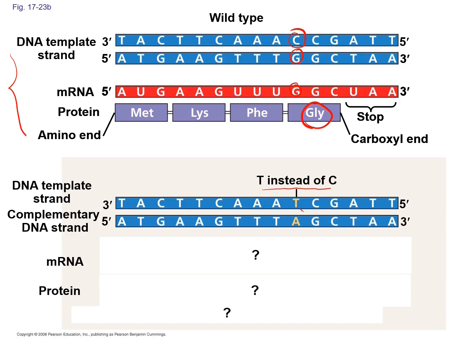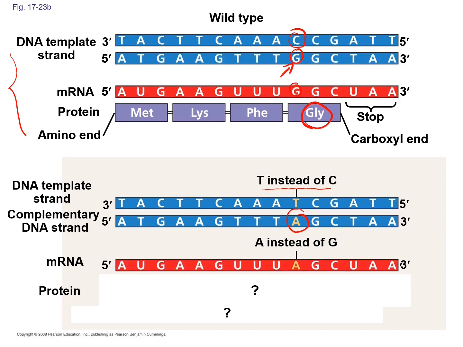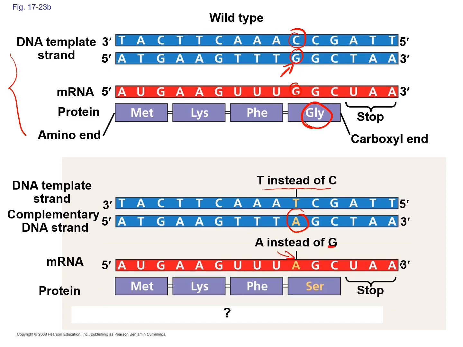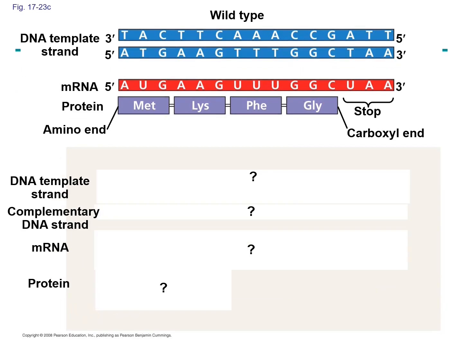The T now will produce an A instead of a G. And here instead of G, you will have an A. And again, here you will have a different one. So instead of glycine, you have serine. And as a result of that, you would have a missense mutation.